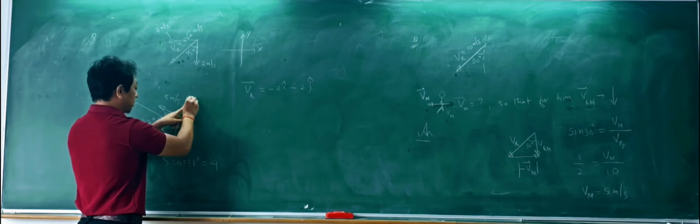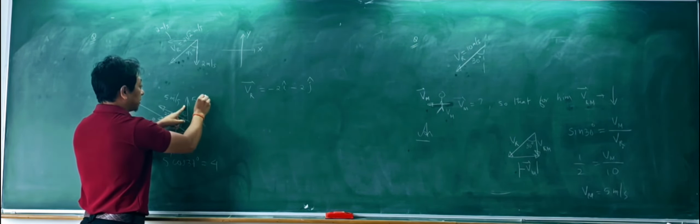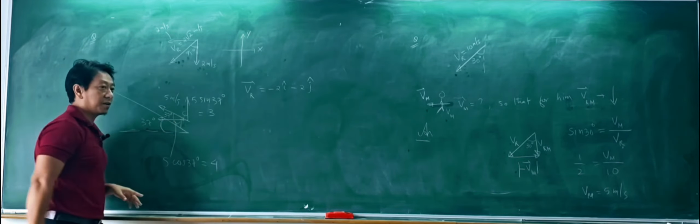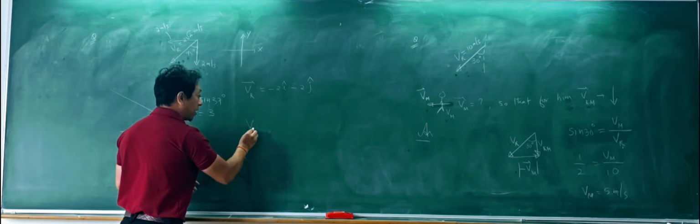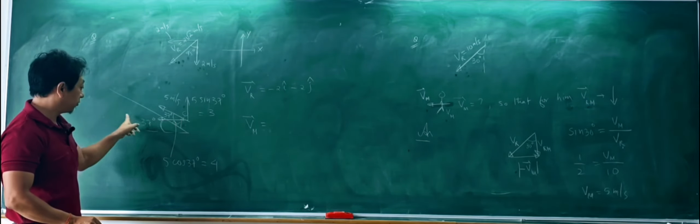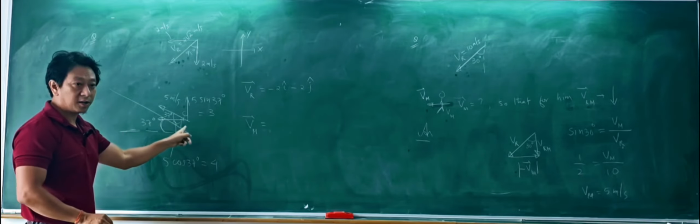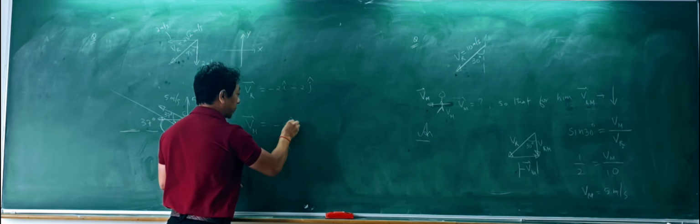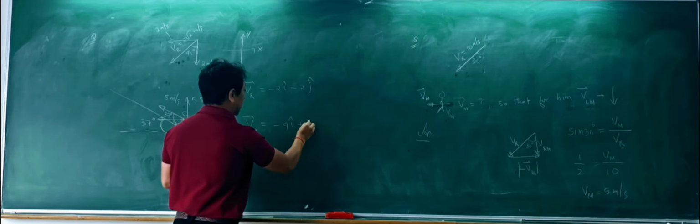And this component is 5 sin 37. Sin 37 is 3 by 5. So what is the velocity of the man in vector form? Minus 4, this is 4, no? Why minus? Because it is opposite to the x-axis. So minus 4 i cap plus 3 j cap.